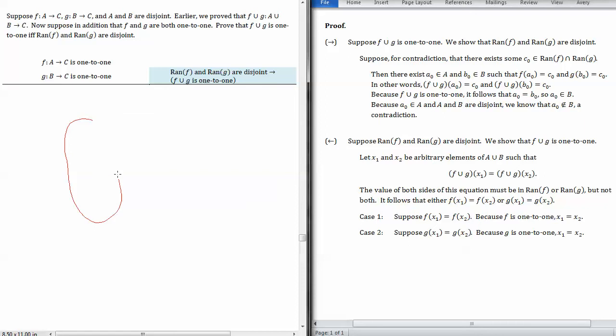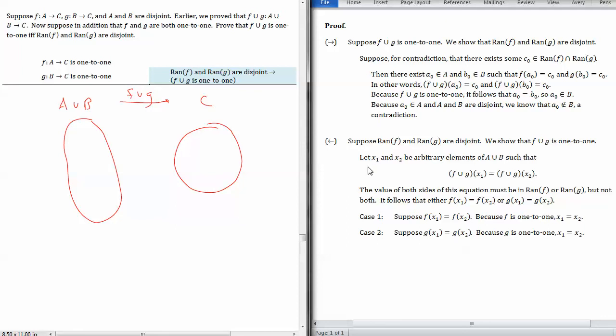So actually what I'm going to do is just draw a single set A union B here as my domain of this function f union g, and then I have C over here. Then I have a function, I'll write the C up here. I have this new function f union g from there to there.